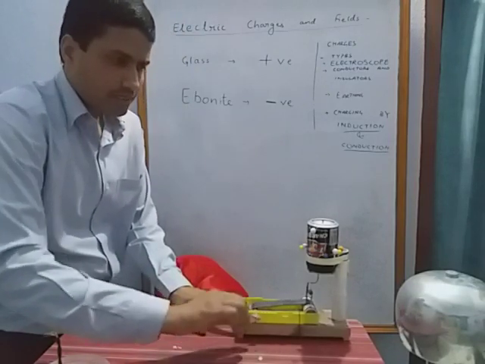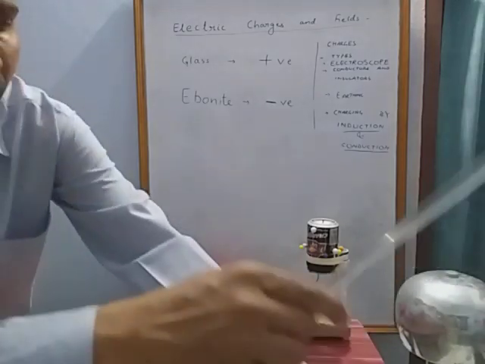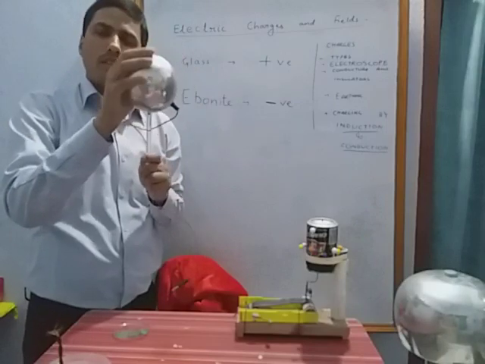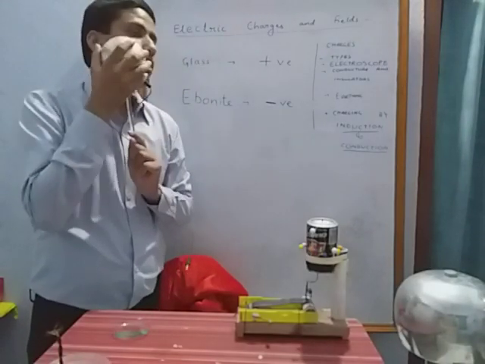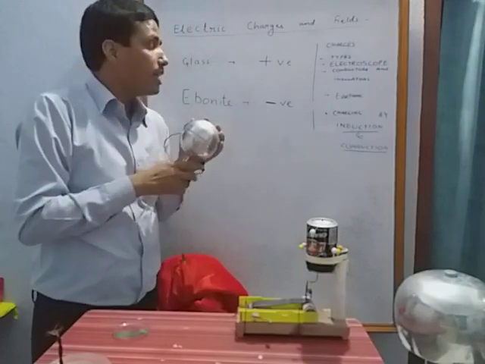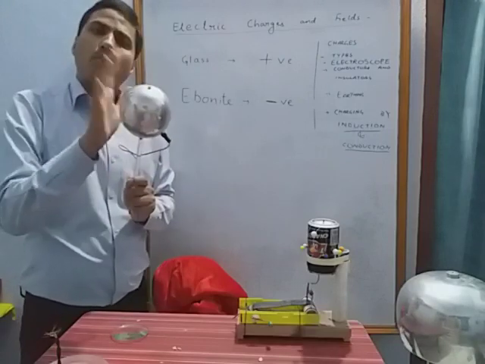At this junction, let me show you one more interesting thing. This is metal. I am touching it like this. I am grounding it. Of course, grounding, I beg your pardon, I have not yet discussed. I will discuss it in the next section. It is neutral for sure.